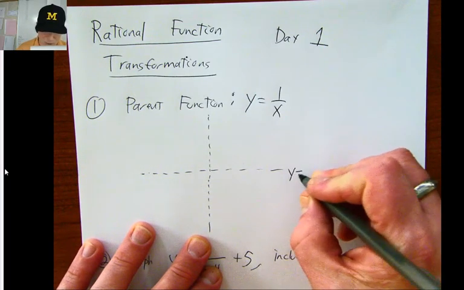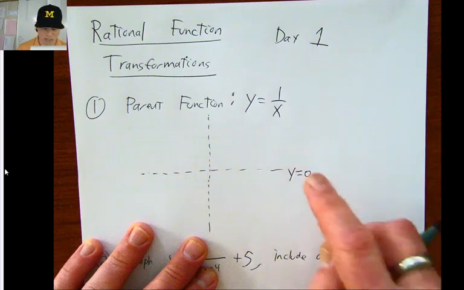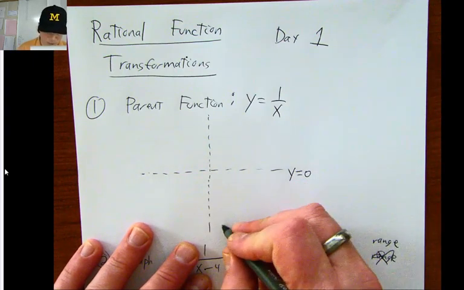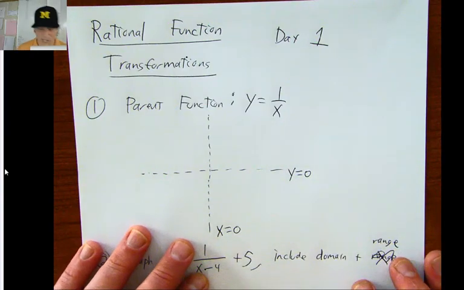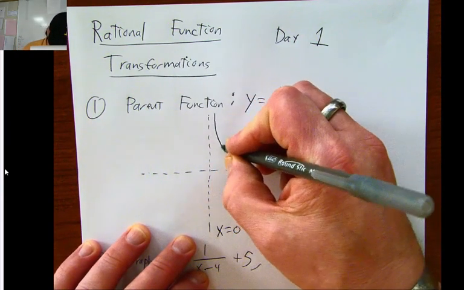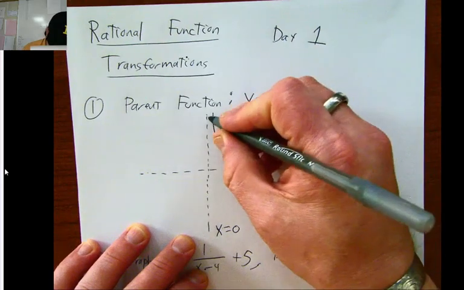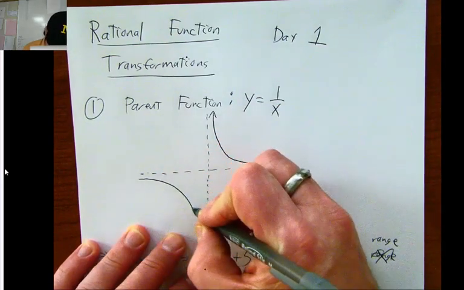And like always, you need to label those asymptotes. The horizontal one is typically at y equals 0, and the vertical one is typically at x equals 0.